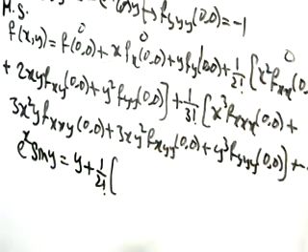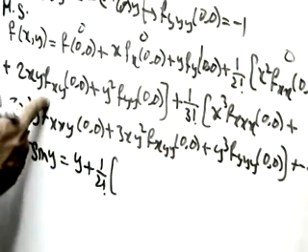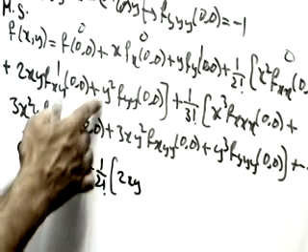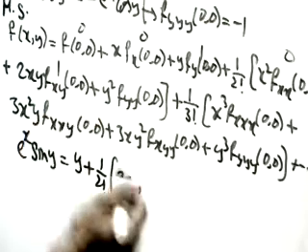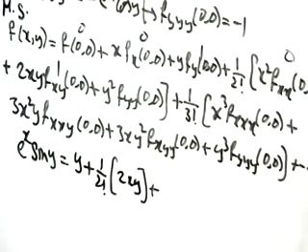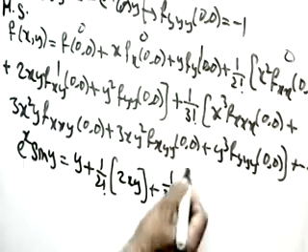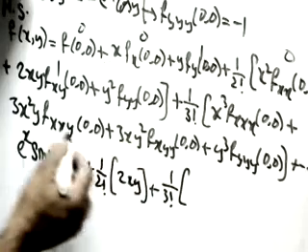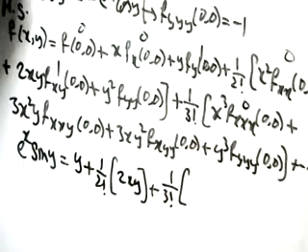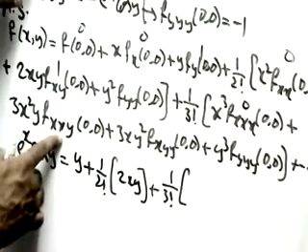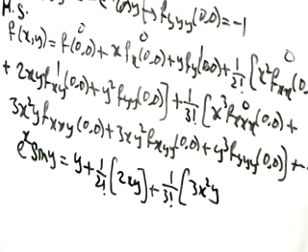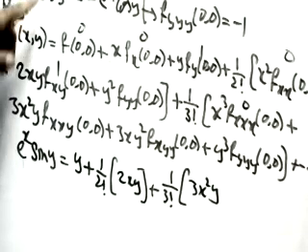Now fxx is also 0. fxy is 1, so 1 into 2xy. fyy is also 0, plus now 1 by 3 factorial. fxxx is 0, and fxxy(0,0) is 1, so 1 into 3x square y.